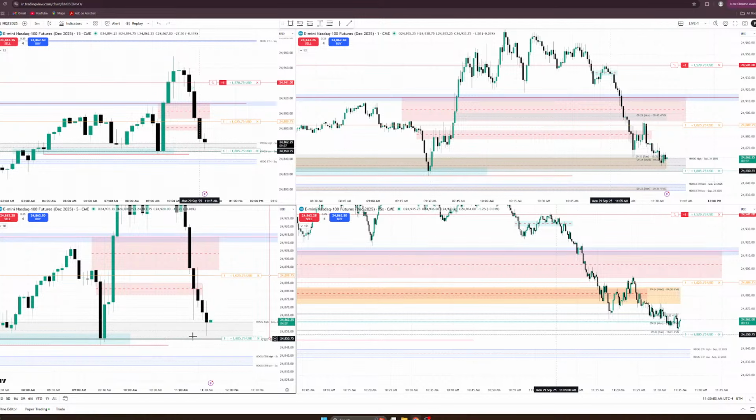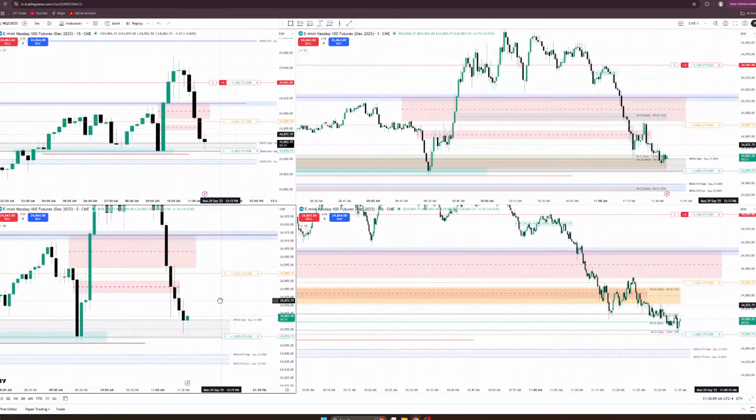Okay, so we closed below this wick, guys. This is a good sign. But now we want to close again below this new week opening gap.